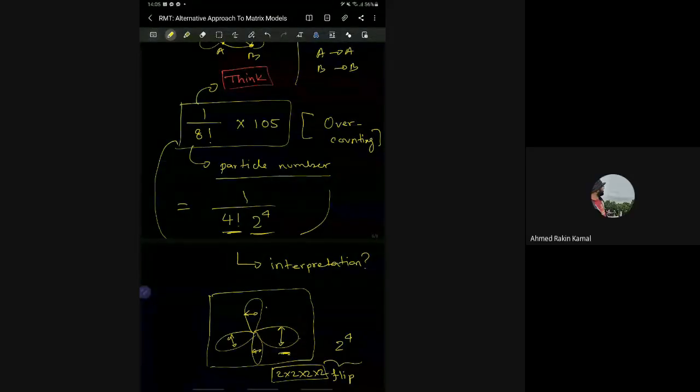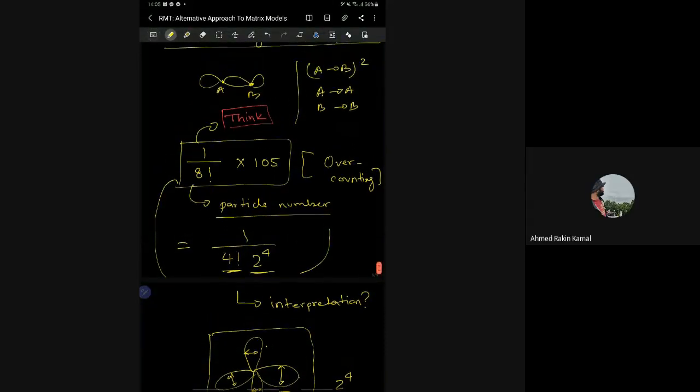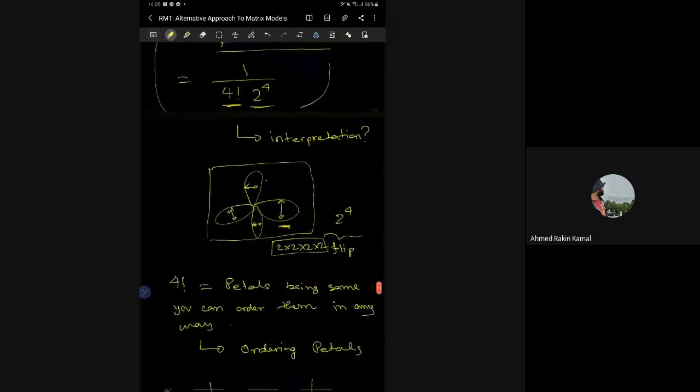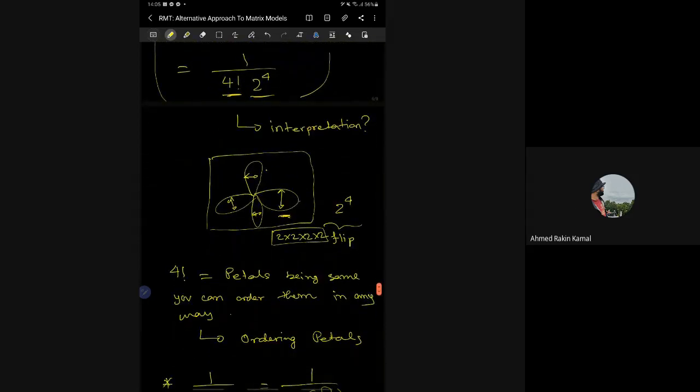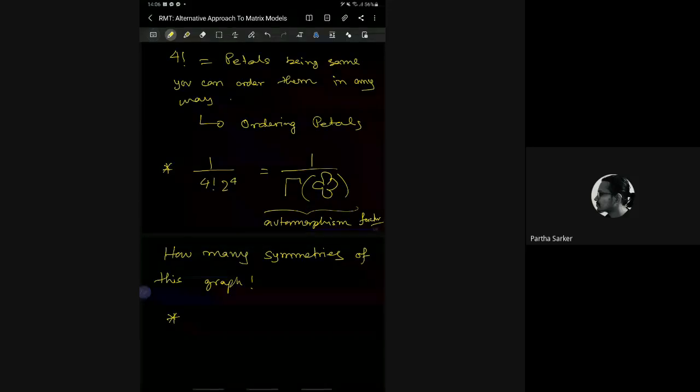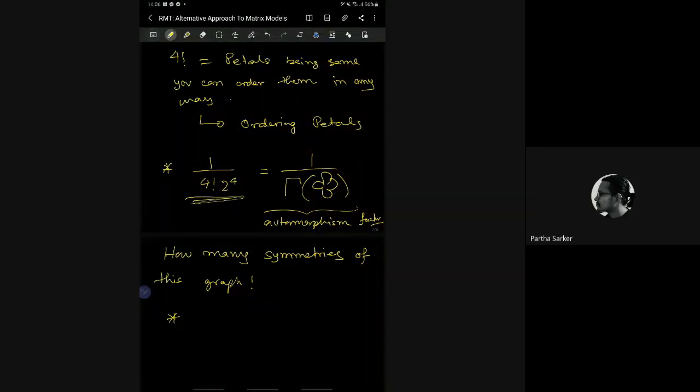You're doing some indistinguishability things, and when you do that, what you come up with is the symmetries of the graph, or the operations that leave your graph invariant. That is the interesting part. So do we define the symmetry of the graph by 1 over the number of operations that can leave it invariant? Exactly, that is your symmetry factor.